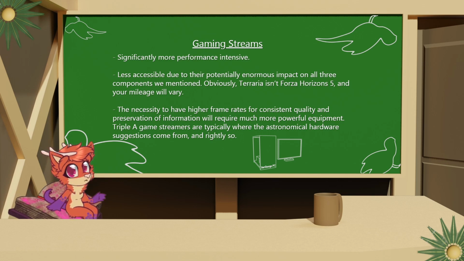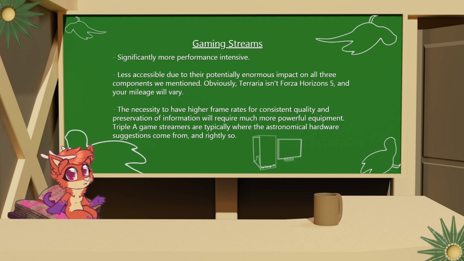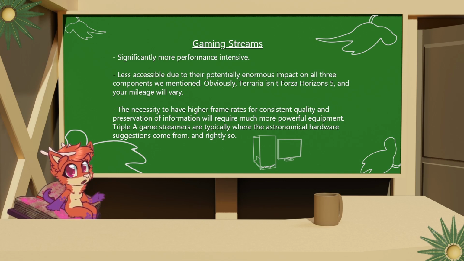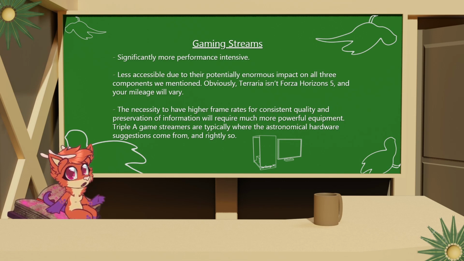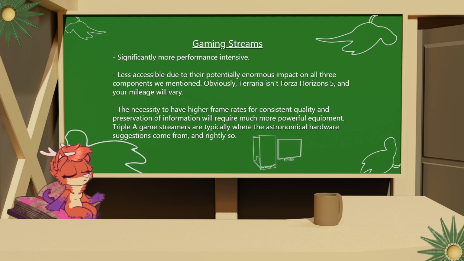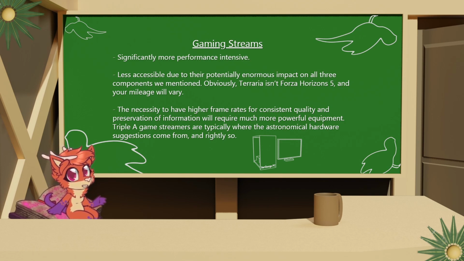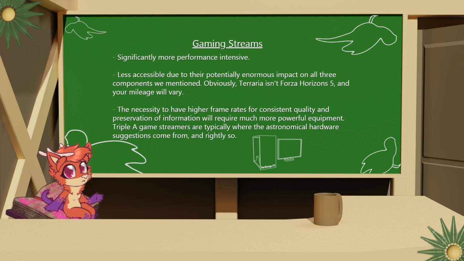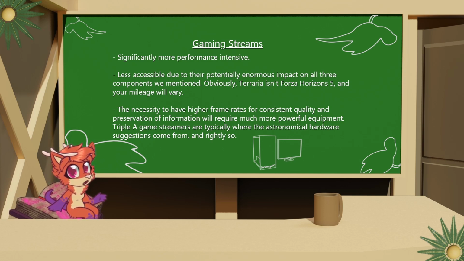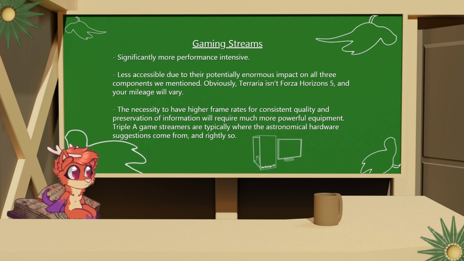Gaming streams, of course, are significantly more performance intensive. They are less accessible due to their potentially enormous impact on all three components we mentioned. Obviously, Terraria isn't Forza Horizon 5, and your mileage may vary. You're not gonna need a 3060 to run Minecraft, but you should keep that in mind. The necessity to have a higher frame rate, though, for consistent quality and preservation of the information for the game is really important.